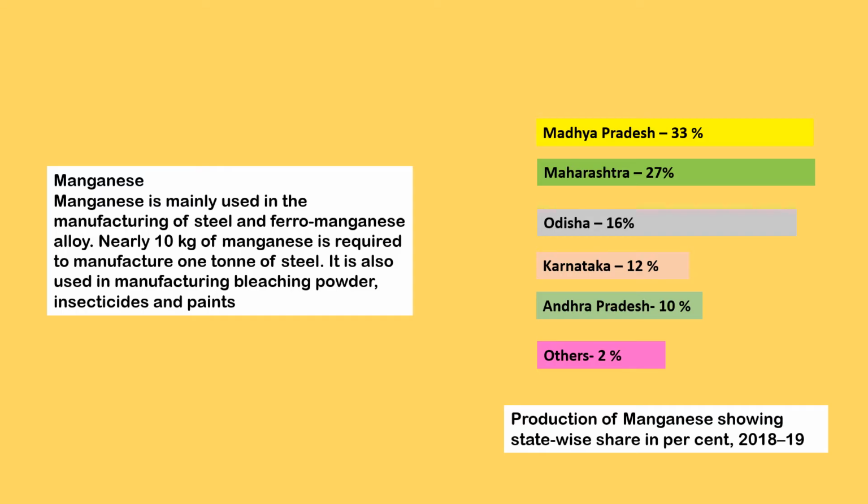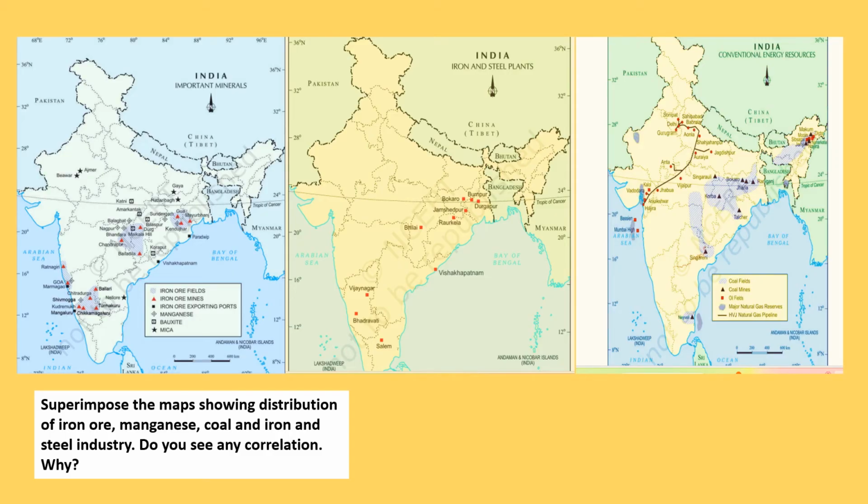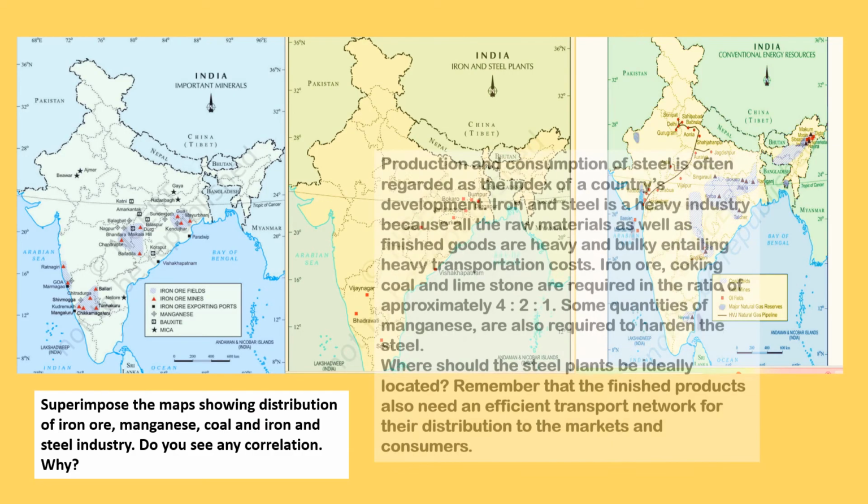These are the production shares of manganese in 2018-2019. They have asked to superimpose a map showing the distribution of iron ore, manganese, coal, and the iron and steel industry. So what did we learn? Did you try it?